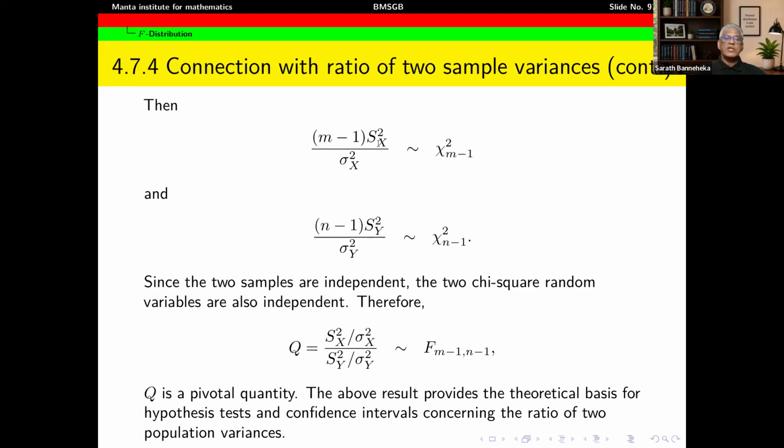In addition to that, we know that sx square and sy square are independent because they are coming from two independent samples. So if I now apply our F ratio, like this quantity divided by its degrees of freedom divided by this quantity divided by its degrees of freedom.